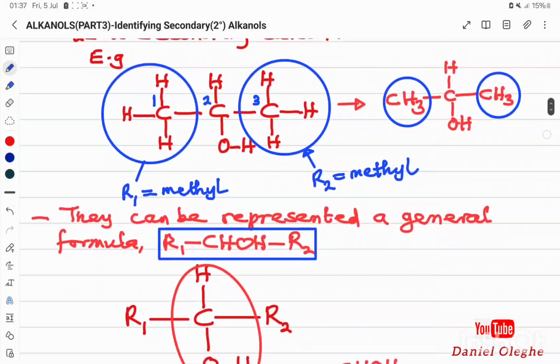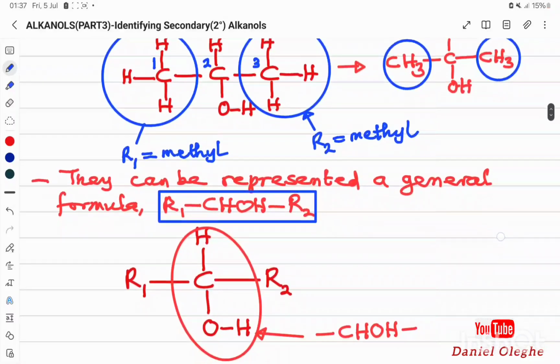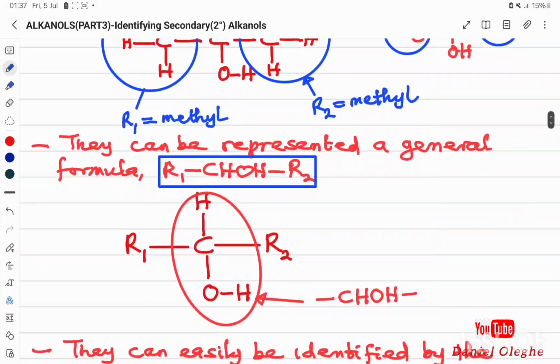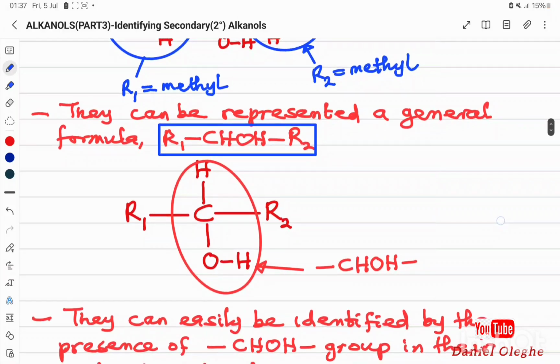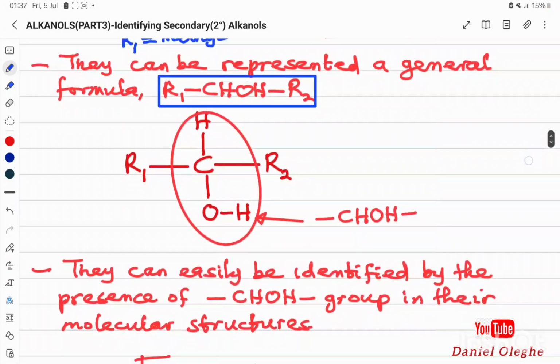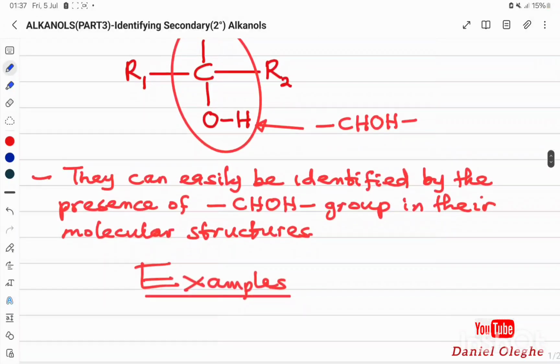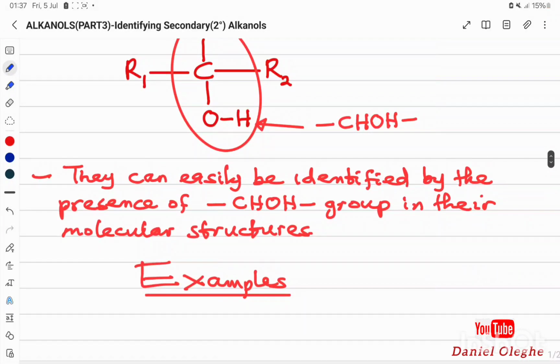The secondary alkanols can be represented by a general formula shown above as follows: R1 CHOH R2. R1 and R2 are the alkyl groups, and you can easily identify them by the presence of this CHOH. That's what we use to identify secondary alkanols, peculiar to secondary alkanols.